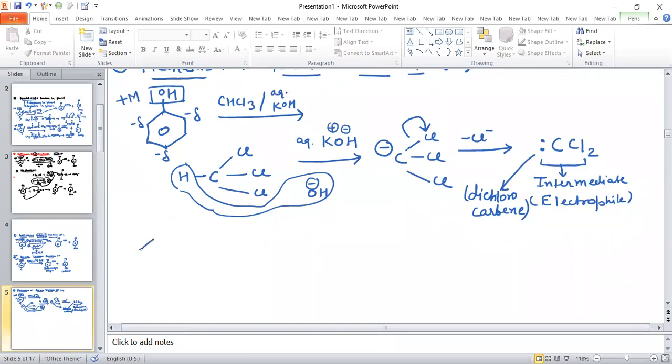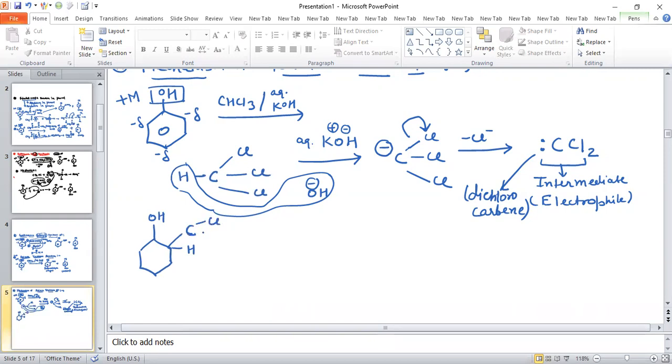When the electrophile attacks, it will be like this. This is phenol, and you can see in this case this is the hydrogen, and this is the C.